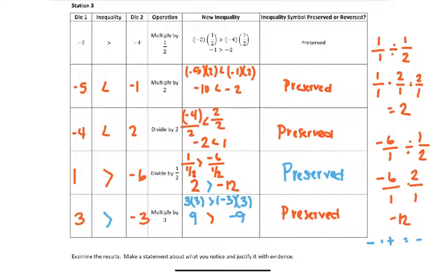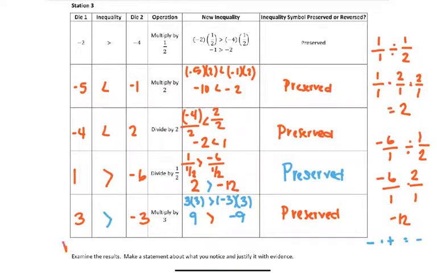After having gone through and multiplied or divided by positive numbers, we've come to another property of inequalities. We can say that when both numbers being compared are multiplied or divided by a positive number, the symbol stays the same, and that means that the inequality symbol is preserved.